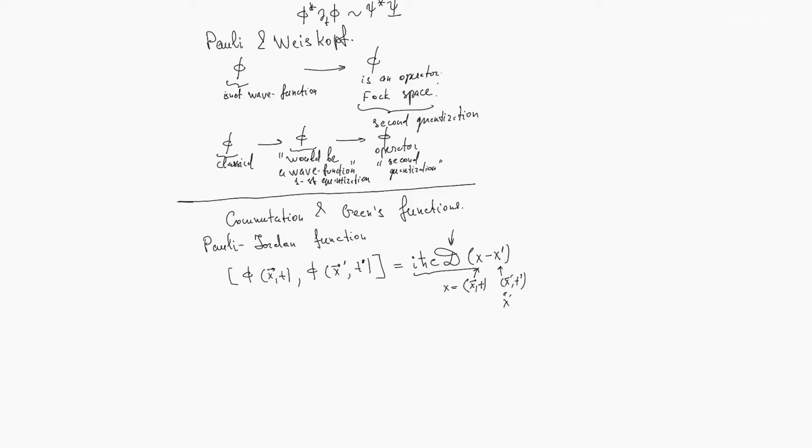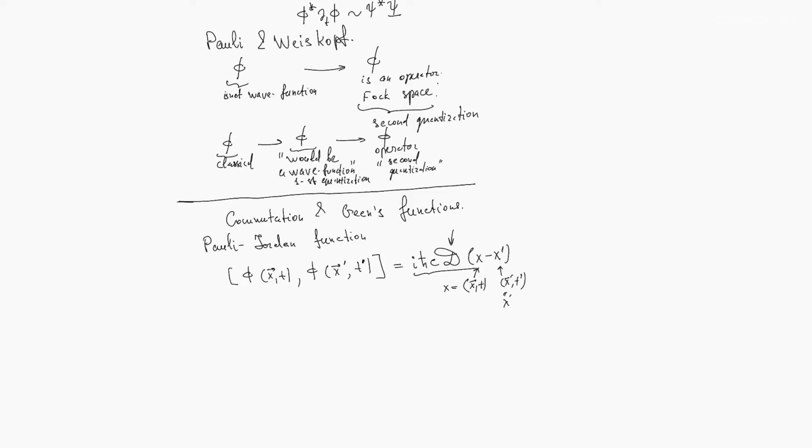Why does D have to be a function of the argument x minus x prime? That is something we will see. We will prove that it depends only on the difference x minus x prime, not separately on x and x prime.